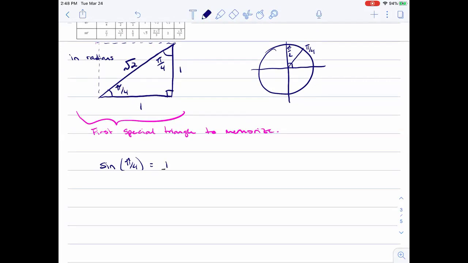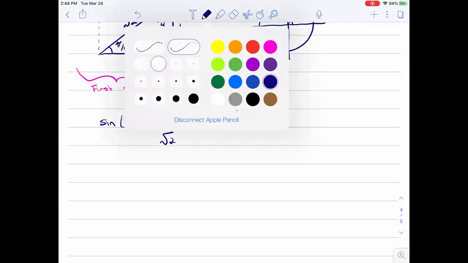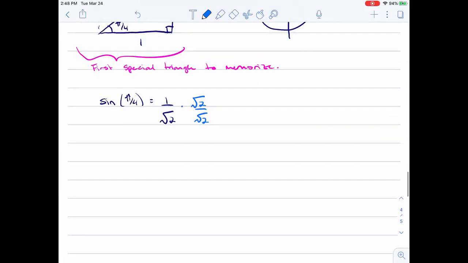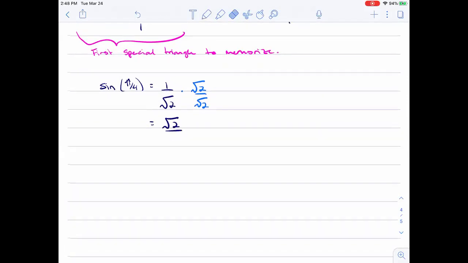So that's going to be 1 over root 2. But we don't want the root 2 in the denominator, so we multiply by root 2 over root 2. Yeah, oldest trick in the book. Can't believe it got me. Root 2 over 2. Right.